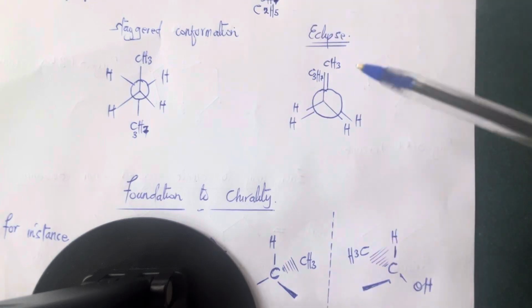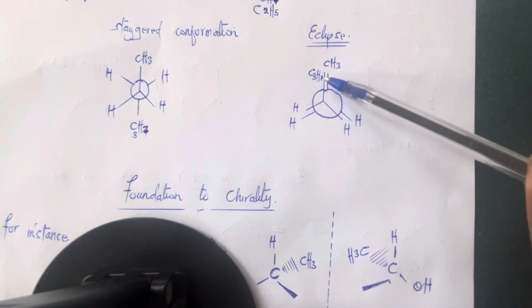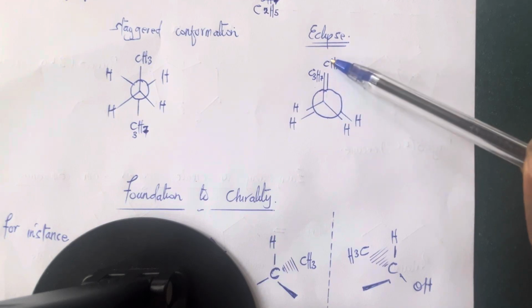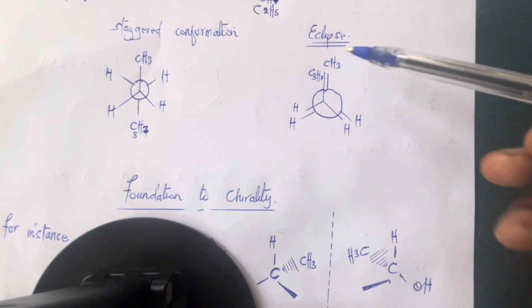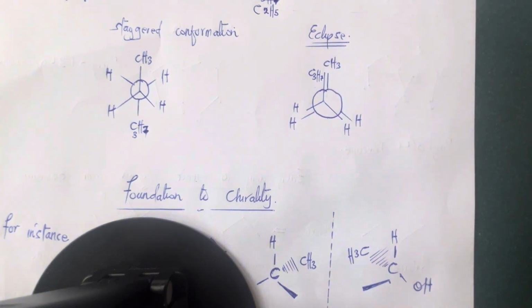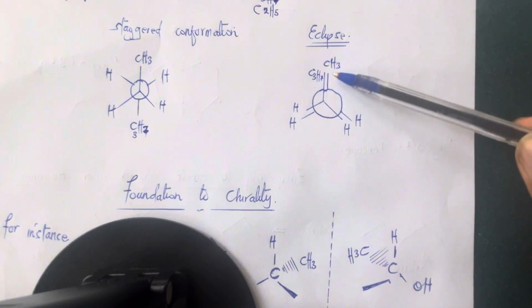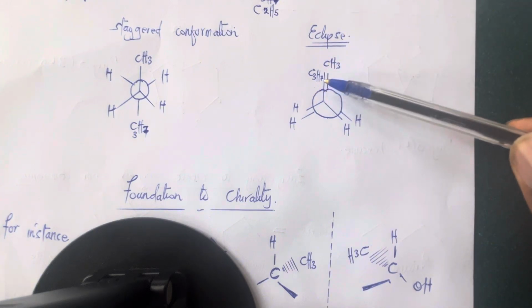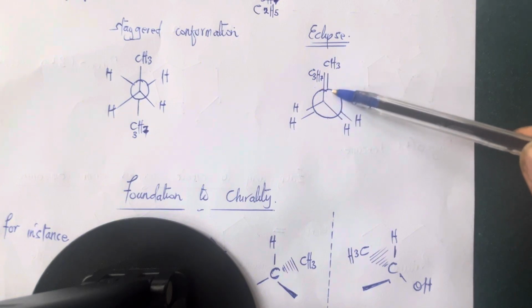When you are considering the eclipsed conformation, in reality, this CH3 and this C2H5 are directly on each other, overlapping, so you are not going to see it. But when you are drawing it, because it is eclipsed, you have to draw the lines slightly apart from these two to show that it is eclipsed.